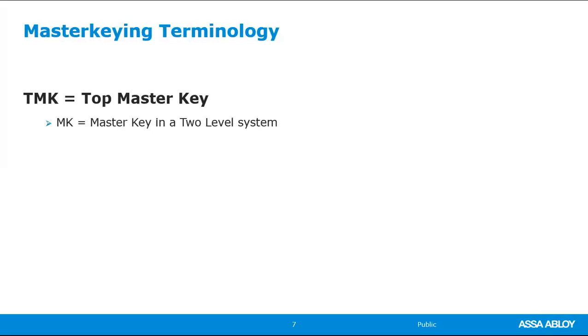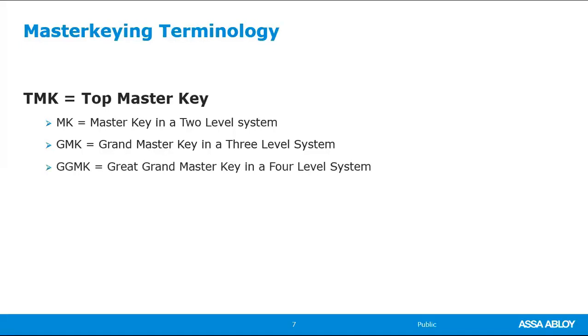In a 2-level system where you just have a master key followed by change keys, that top master key is called a master key. In a 3-level system, the top master key is called a grand master key. And in a 4-level system, the top master key is called a great grand master key.